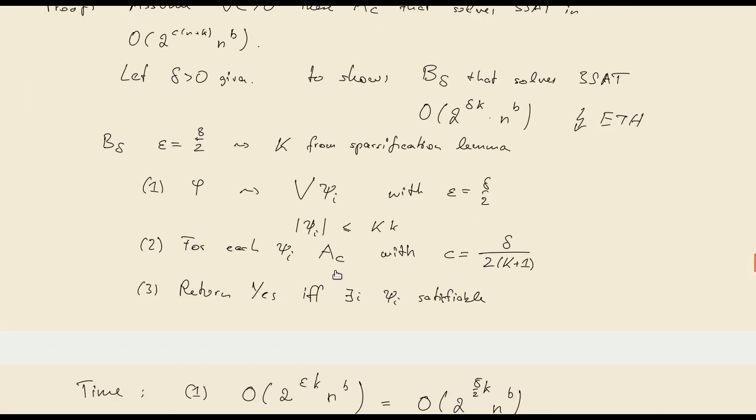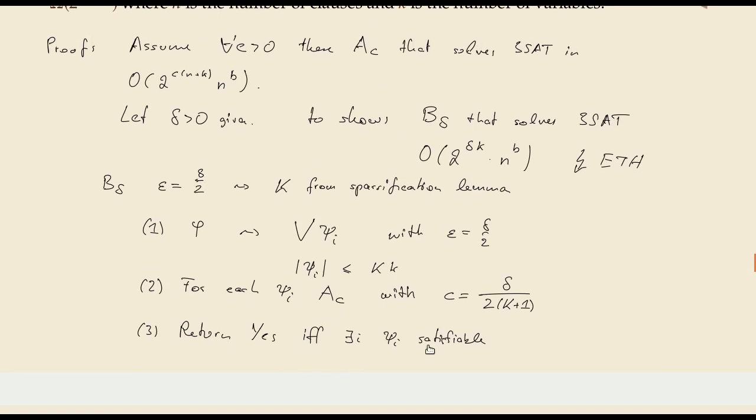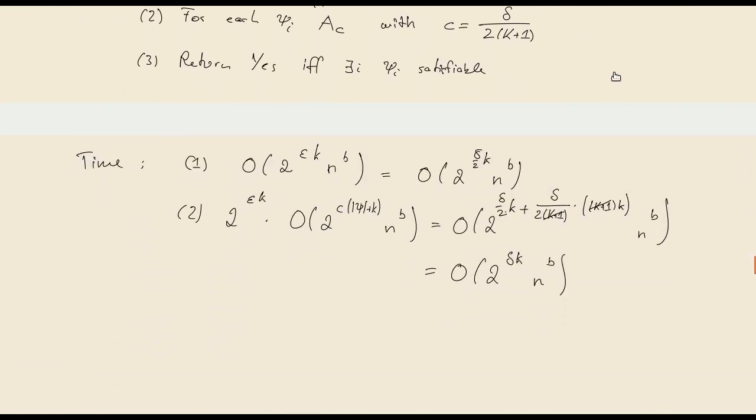Okay, step 3 is essentially dominated by this. We check again all the formulas, so we combine it with step 2. So the total time is these two together, which is dominated by this one.